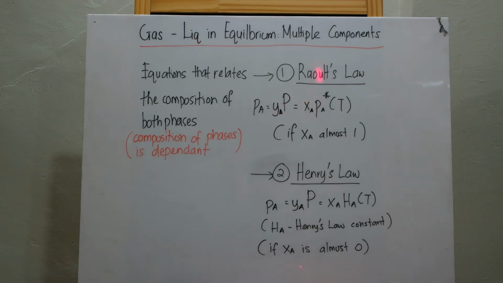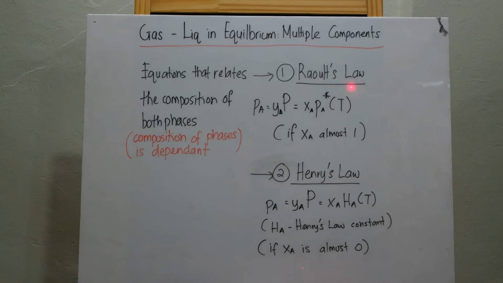So this law relates the composition in the gas phase with the composition in the liquid phase when they are in equilibrium. Same as Henry's law, this is the part where gas phase composition relates to liquid phase composition.